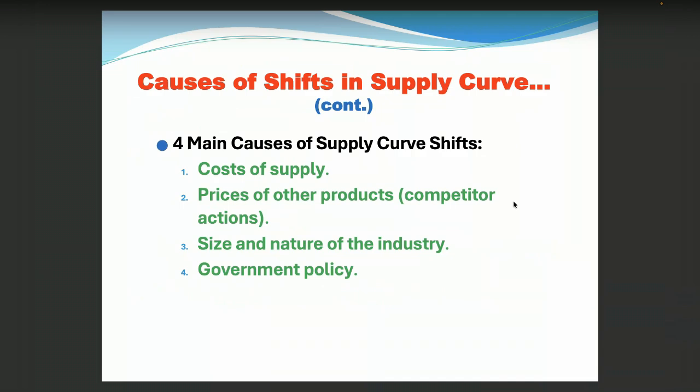And then size and nature of the industry. The bigger the industry, the more consumers there are, the higher the supply will be. Or government policies. If the government supports you with subsidies and lowers your taxes, then your supply will be shifting to the right, or vice versa.